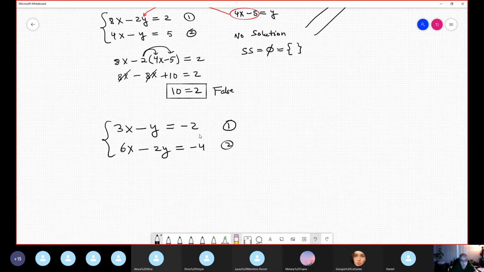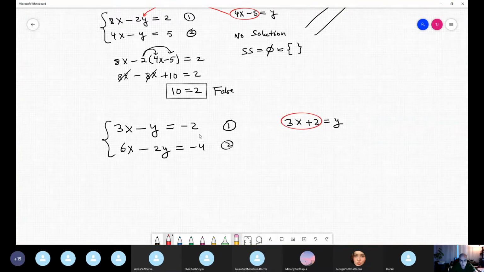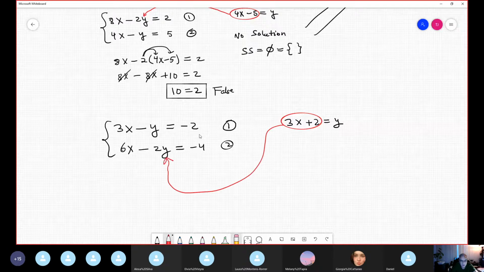Isolate the y in the first equation. So, 3x plus 2 equal y. The manipulation was: I move 2 to the left as a positive 2, and y is negative y to the right. And now substitution. Substitution where? This expression for the y of the second equation.